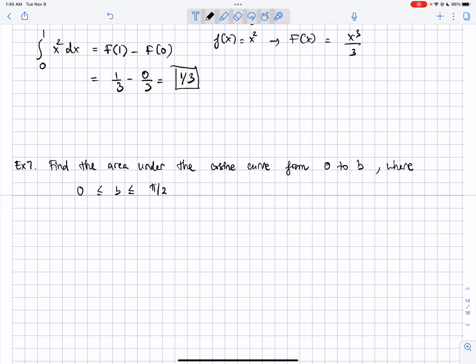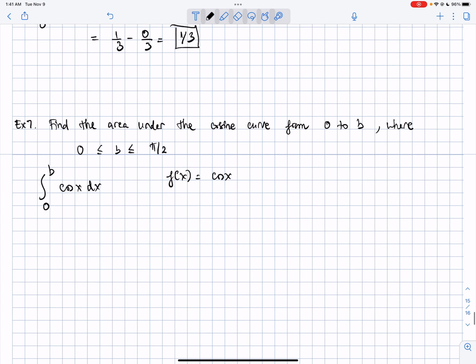Example number 7 is also the same thing. We want to find the area under the curve cosine of x dx from 0 to b. So the function f of x equals cosine of x is a continuous function, and the antiderivative of the cosine is the function sine of x.